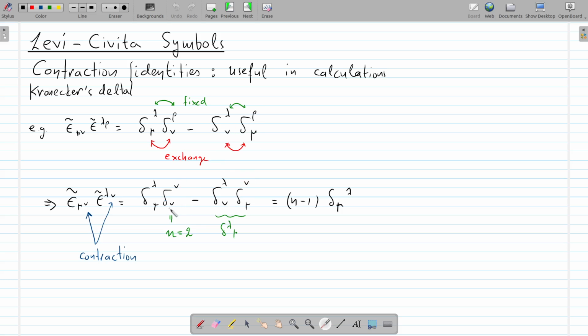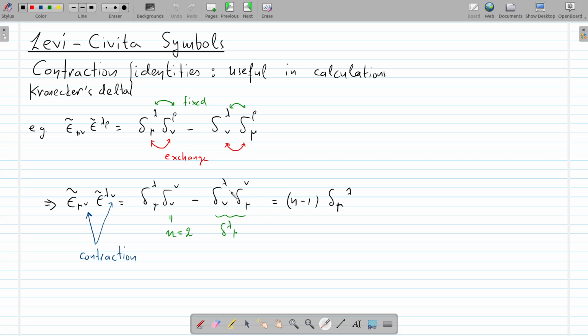Now delta nu nu sums ones for all values of nu, which are two values here, so symbolically n. So that will give us n times delta lambda mu. And this term here will simply select non-zero terms when lambda and mu are equal only.